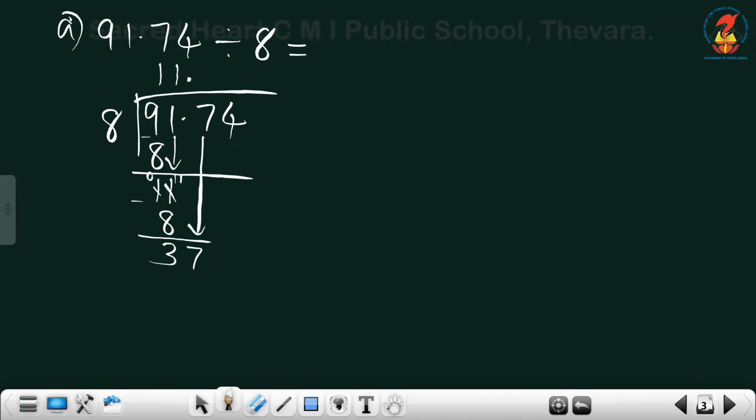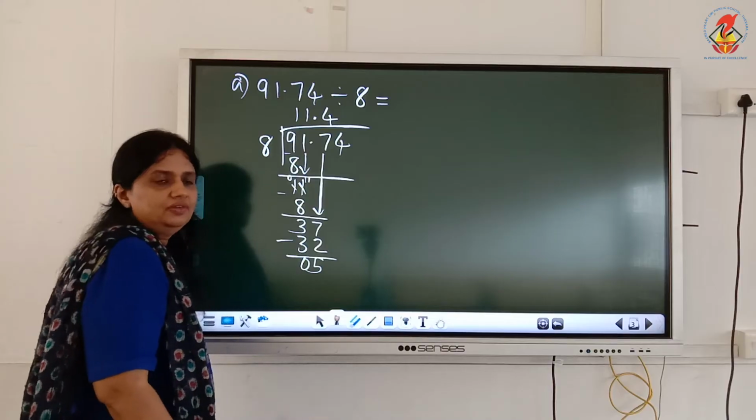Okay, and 7. After that, 8 into which number equals 37? 8 fours are 32, 8 fives are 40. Now we need to take 8 fours are 32. The remainder is 5 only, right?